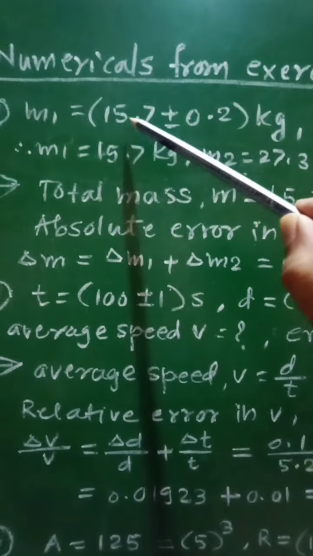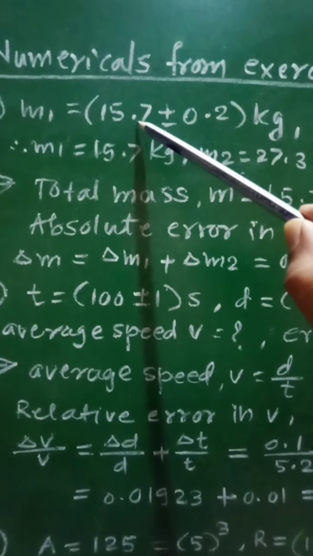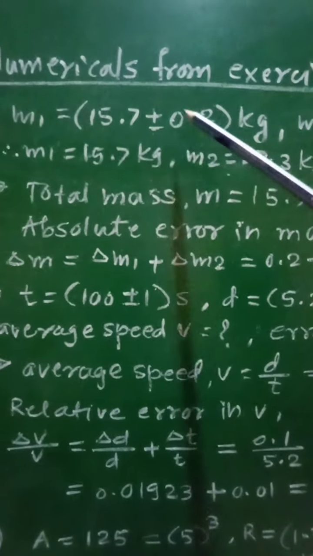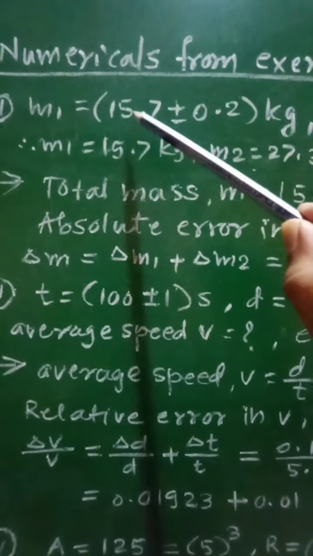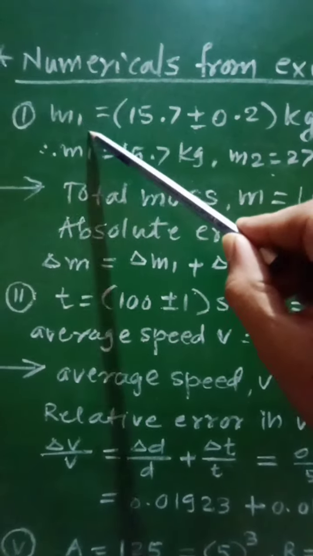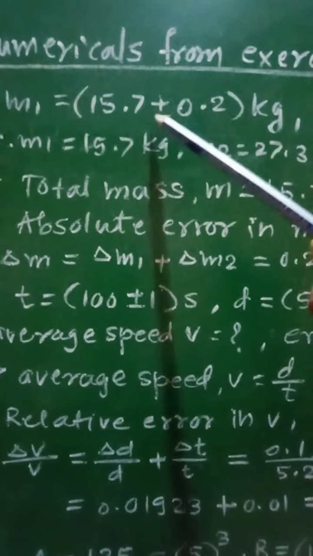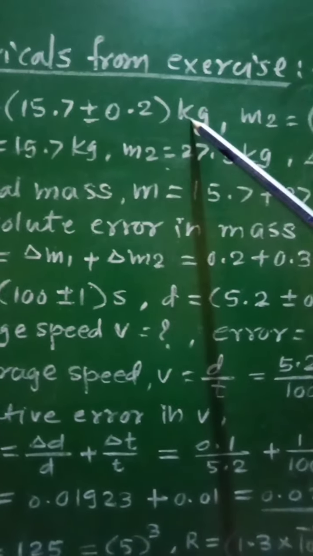So actually mass m1 will be equal to 15.7, and this will be the error present in that measurement of mass. So m1 is equal to 15.7 plus minus 0.2 kilogram.